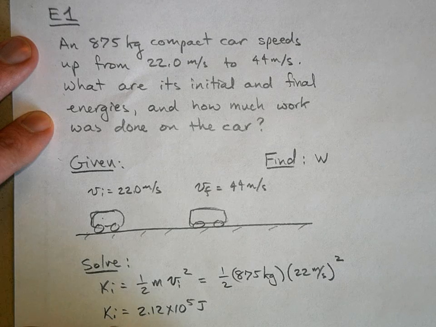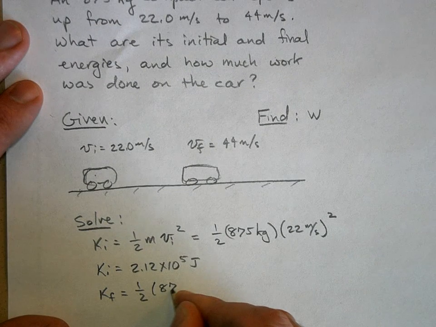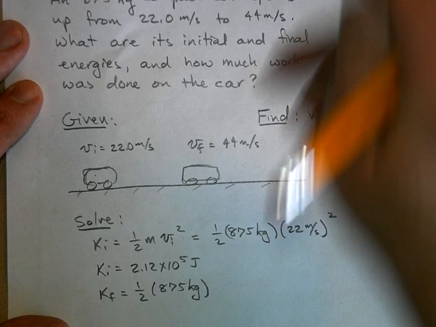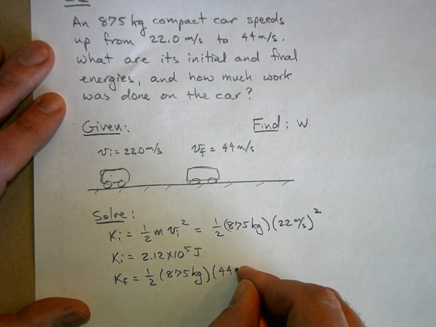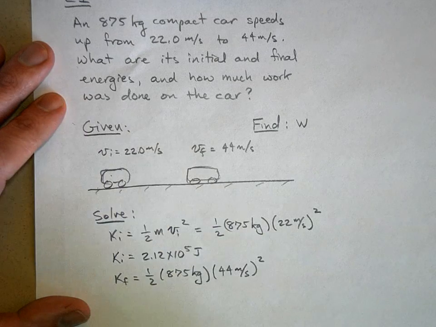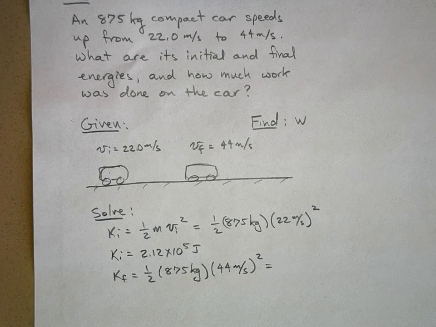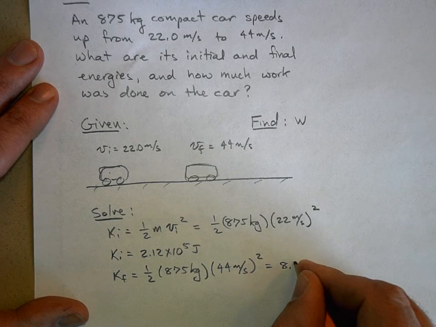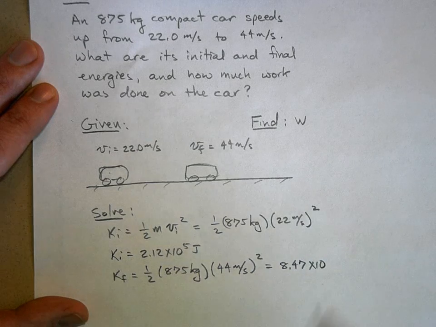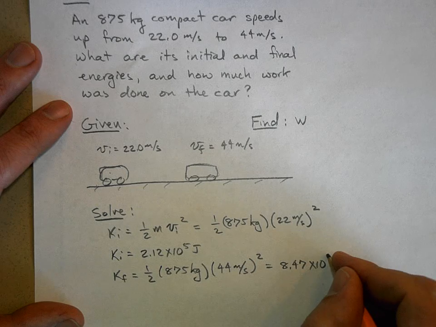Now when you do the same thing for the final kinetic energy, 1/2 the mass, you just take the final velocity and square that, and you should get a final energy of 8.47 times 10 to the 5 joules.